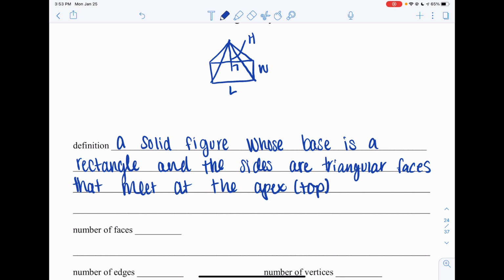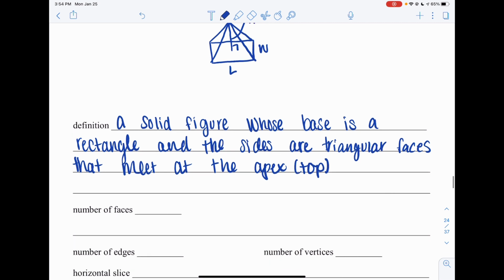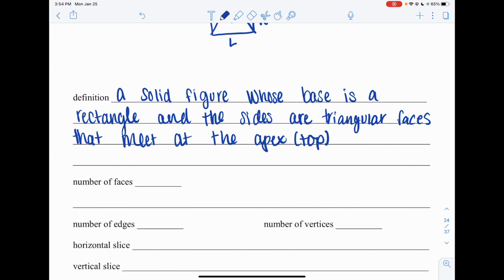The good thing about our characteristics with the rectangle and the square pyramid is that they hold the same characteristics, meaning the number of faces, number of edges, and number of vertices. The only difference will be your horizontal slice and then what the number of faces actually mean. So I'm going to go ahead and show you my square pyramid once again to show you the number of faces, number of edges, because I do not have a rectangular pyramid.